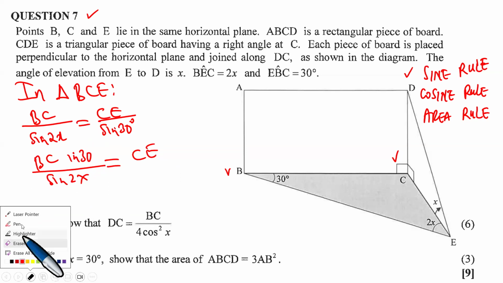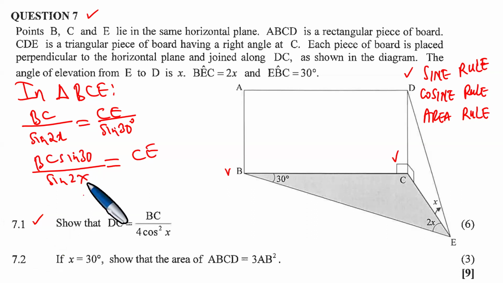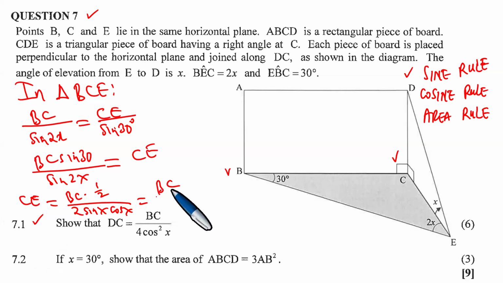So we have BC, the sine of 30 is 1/2, divided by sine 2x, which is 2 sine x cosine x. If you simplify the 1/2 and that, it's actually going to be BC over 4 sine x cosine x. So this will be CE, but CE is not what we want.